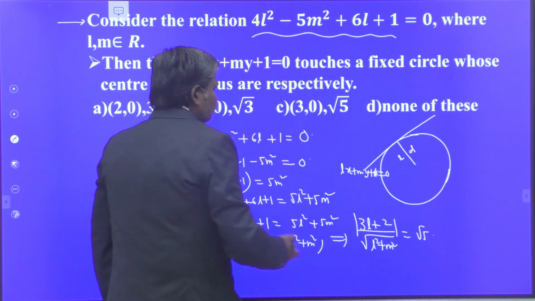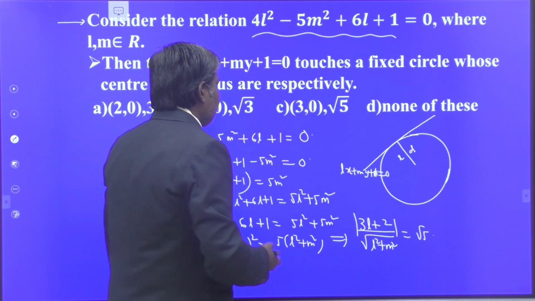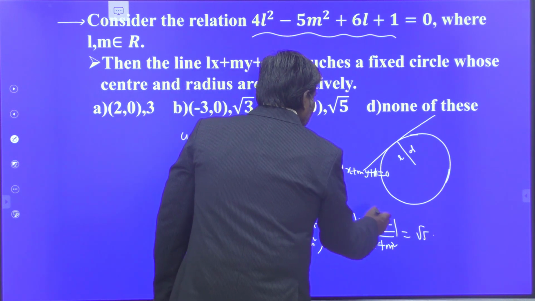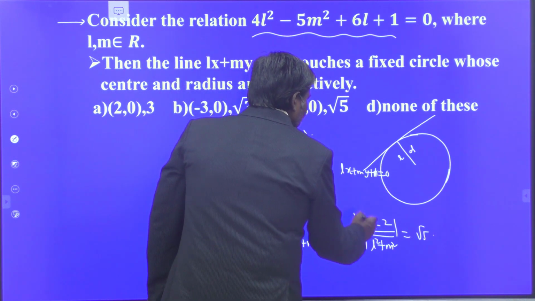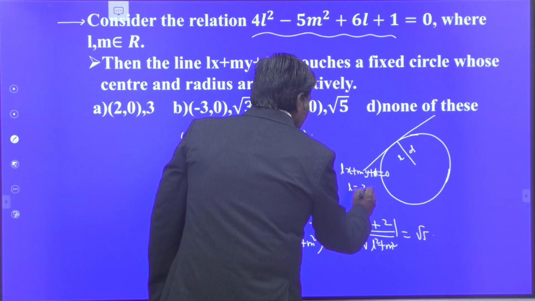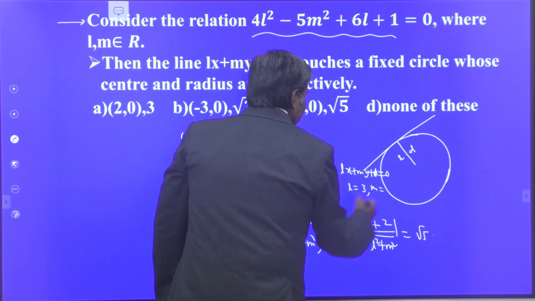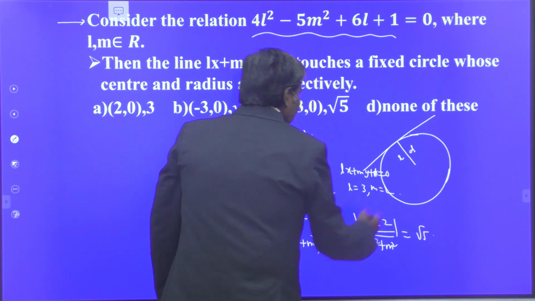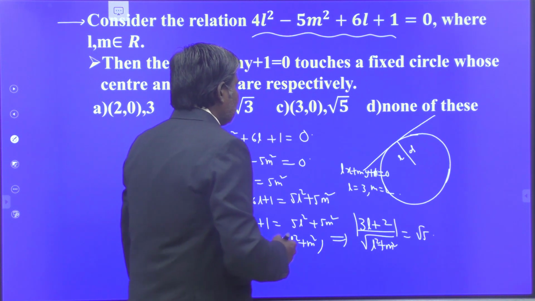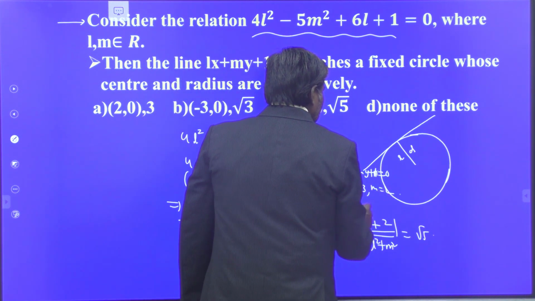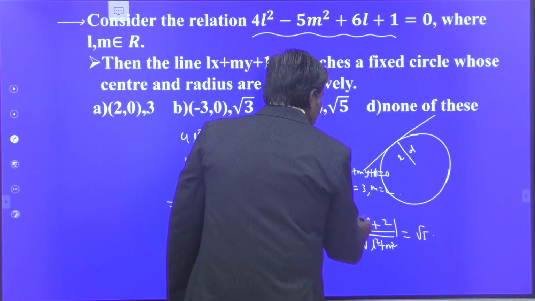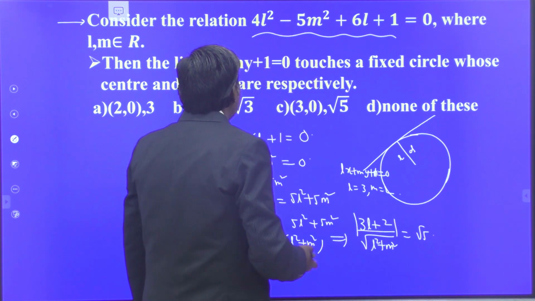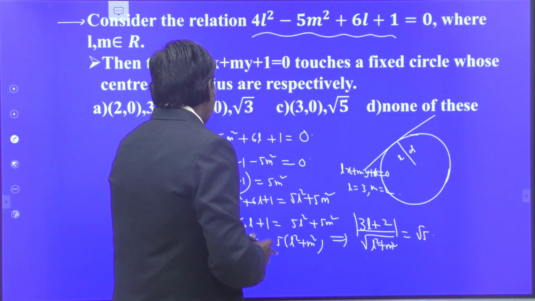We have to obtain 3l plus 1. So L is equal to 3, M is equal to 0, then what will happen? AX1 plus BY1 plus C by root of A square plus B square.